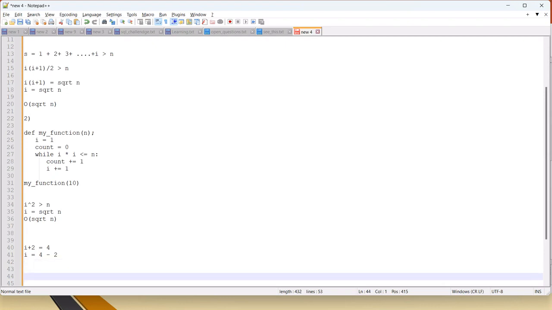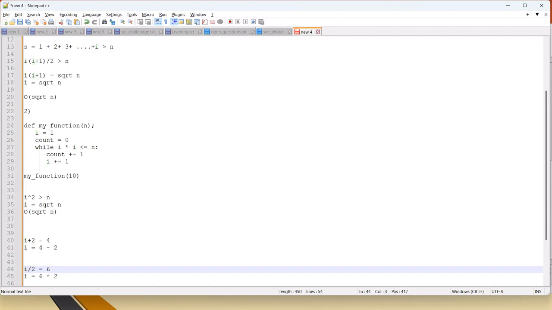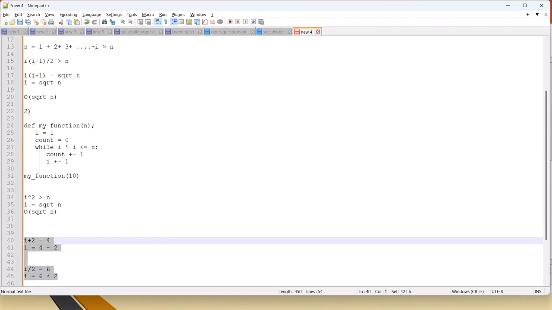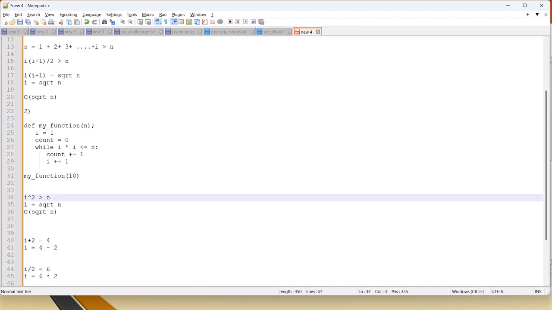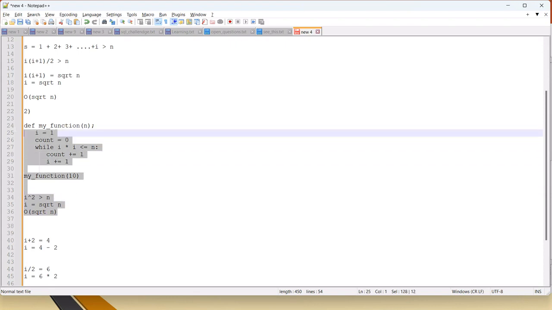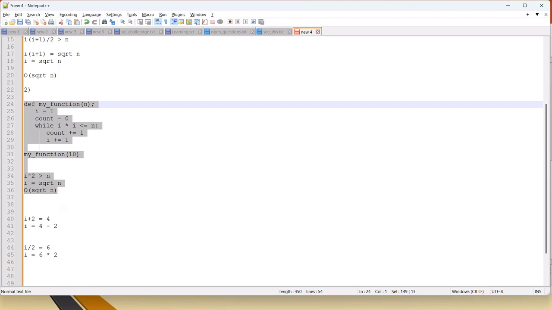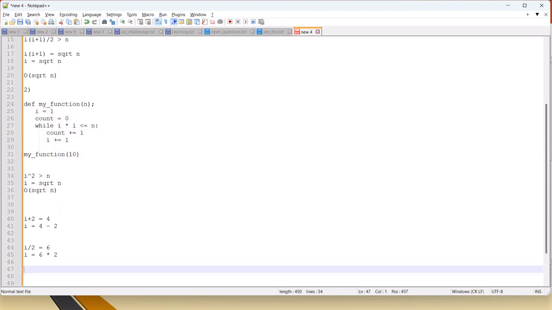Similarly, if we have I by 2 equals 6, then I becomes 6 into 2. This side it is division, and this side it becomes multiplication. So based on these mathematical calculations, this side it is square and it becomes the square root of n, and finally the complexity of this example is order of square root of n.